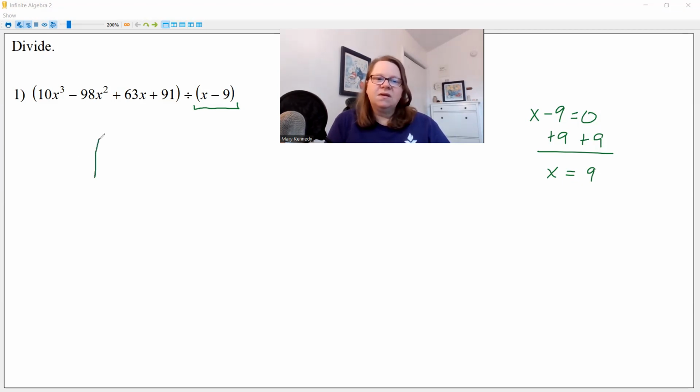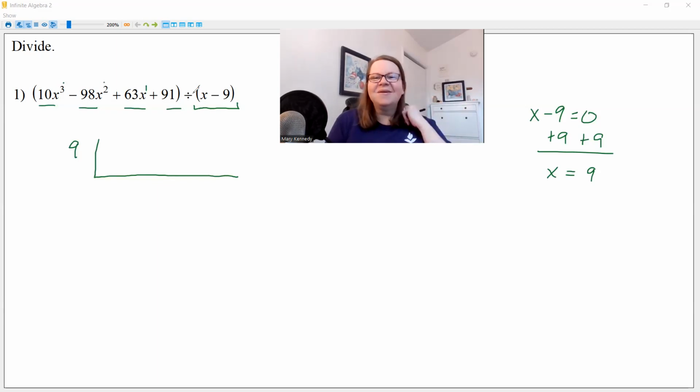And so synthetic division, it looks like this upside down division bar. And so the 9 is out here. And we're going to take each of these numbers. And you do want to make sure that they're in descending order and that there's no gaps. Like this one doesn't have any gaps. So there's an x cubed, x to the second, or x squared, x to the first. This is actually x to the 0, right?